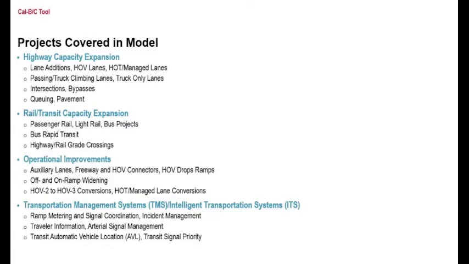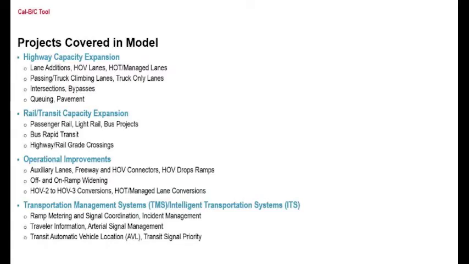For the operational improvements, these could be physical operational improvements, or they could be TMS, Transportation Management System, ITS type improvements. So on the physical side, we do have auxiliary lanes, freeway HOV connectors, HOV drop ramps, on and off ramp widening, and then anything to do with conversions of HOV lanes or HOV to hot lanes.